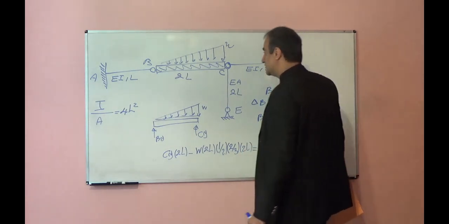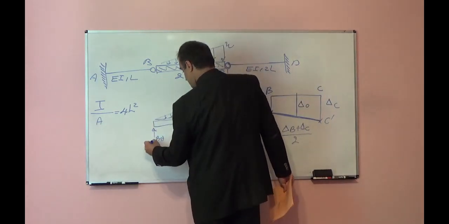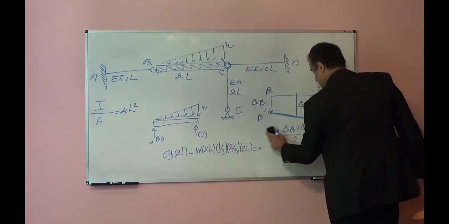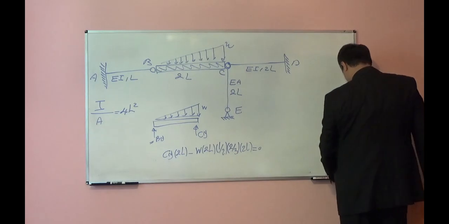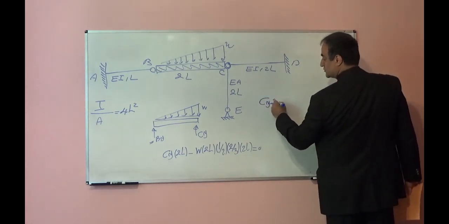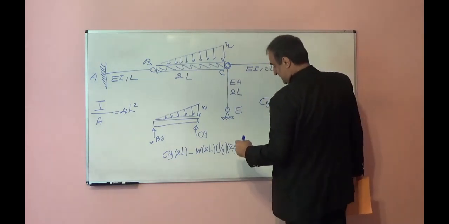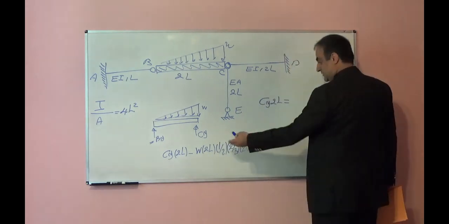From here you can find the reaction. Let's remove this part. This will be Cy times 2L is equal to... it is easy to find, you don't even need this one.